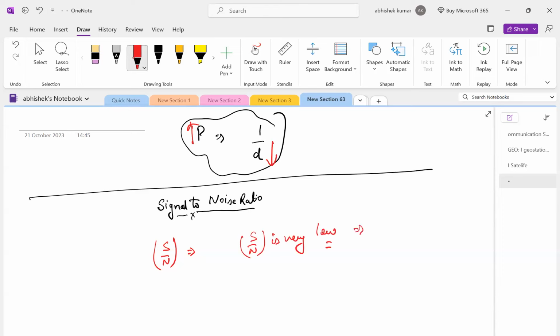It means that your signal is not detectable. You can't detect the signal since your noise is very high. So our intention in any type of communication is to increase signal to noise ratio.